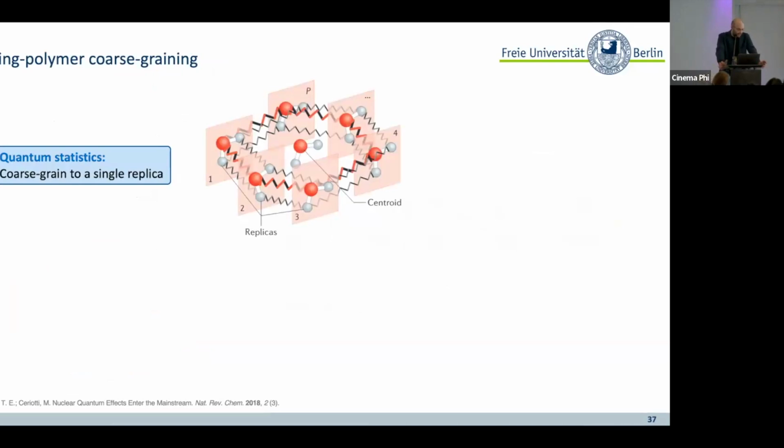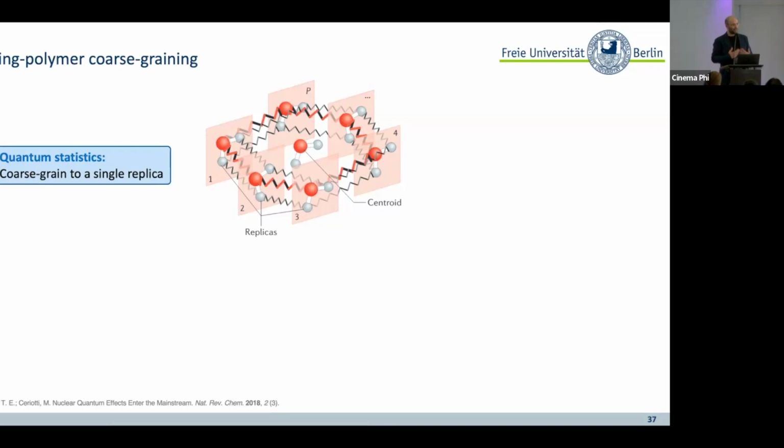And this idea of coarse graining the ring polymer is not something completely new. There were some attempts of doing that before machine learning, but basically nothing worked, also in this case because they just used a fixed functional form. Our idea, again, was to use a machine learning network. In particular, we use MACE in this case, to apply the coarse graining technique to the ring polymer. So we coarse grain the entire ring polymer to just a single replica.